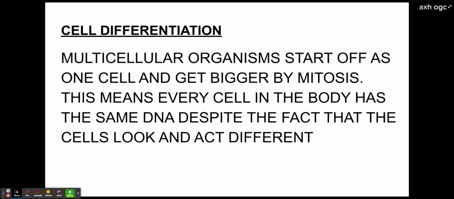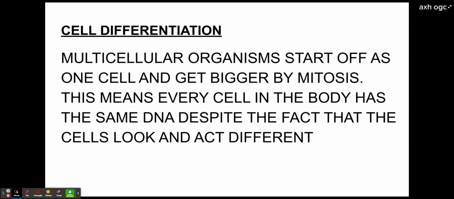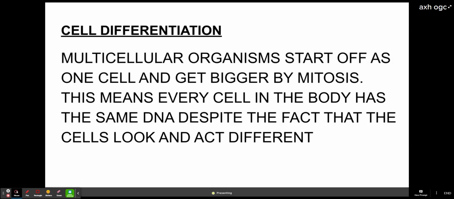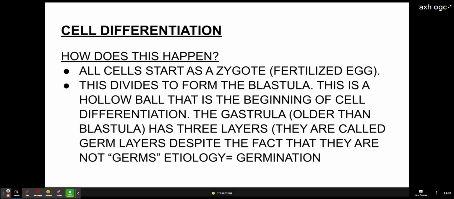So we've talked about cell differentiation way back at the beginning of the year. Remember that every single cell in your body has the same exact DNA because all of those were created by mitosis. The only cells that don't have the same DNA in your body are your egg and your sperm, and red blood cells because they don't have a nucleus, so they don't have their DNA.